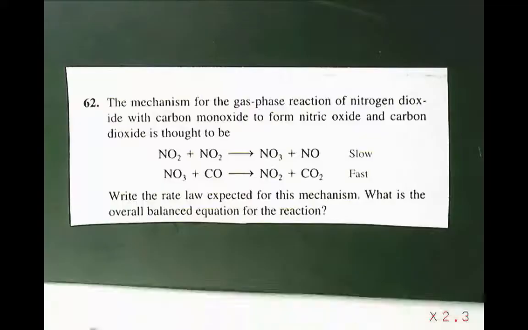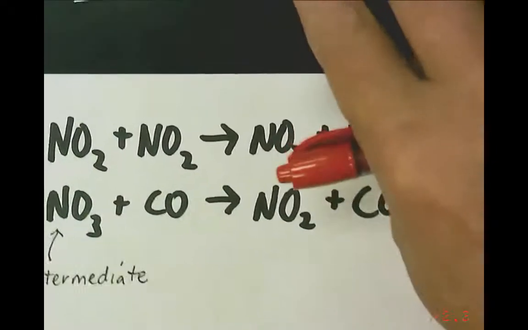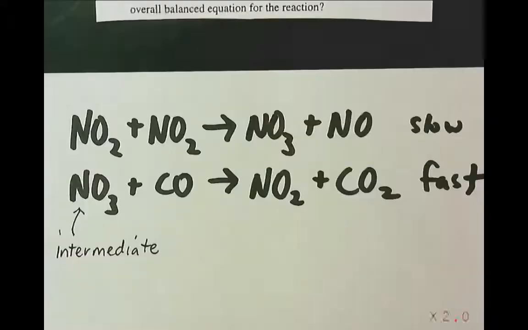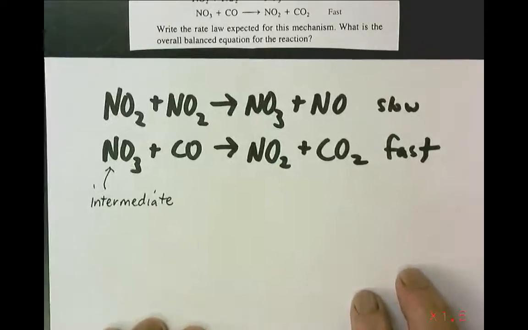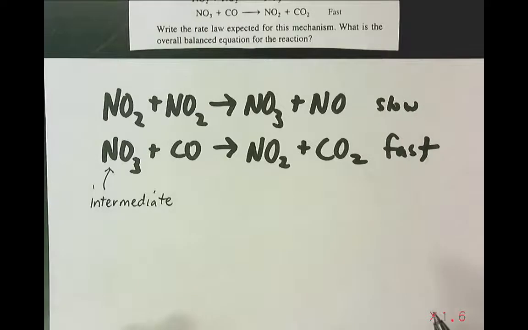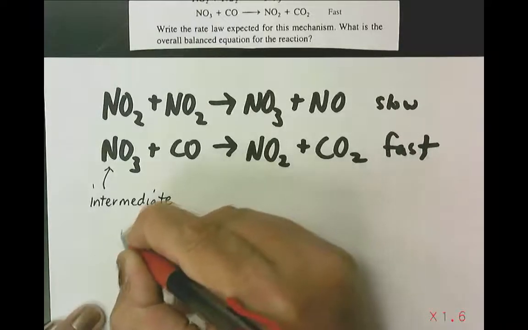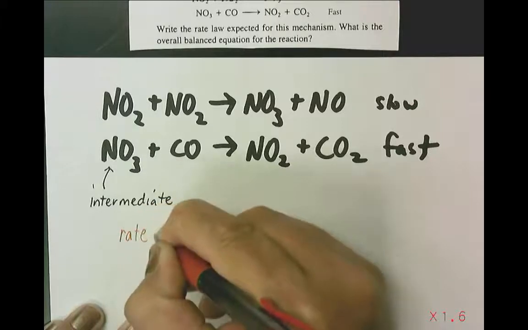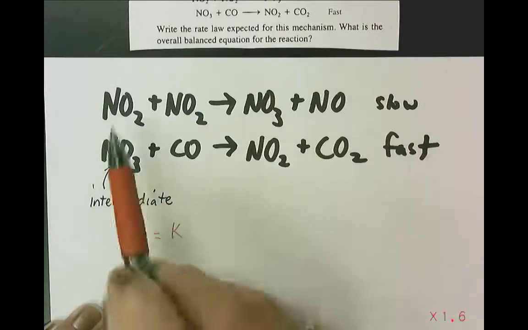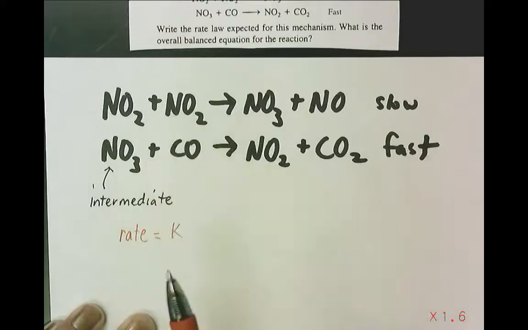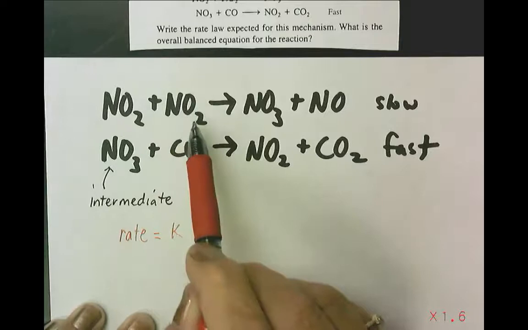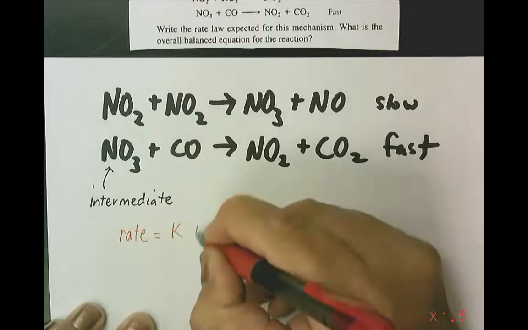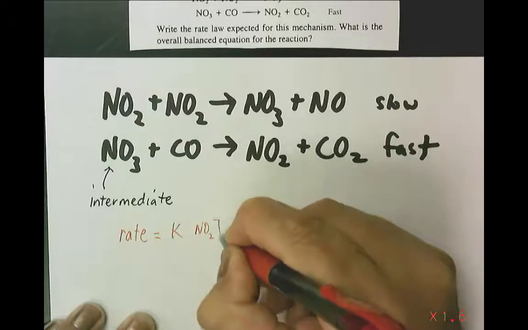Okay, so here's the same question written out. Let me shrink this down a little bit so you can see it. Our goal is to write the rate law. So the rate equals K. Now here are our reactants, and the rate law is written from the reactants. This is bimolecular, and so we have NO2 twice.